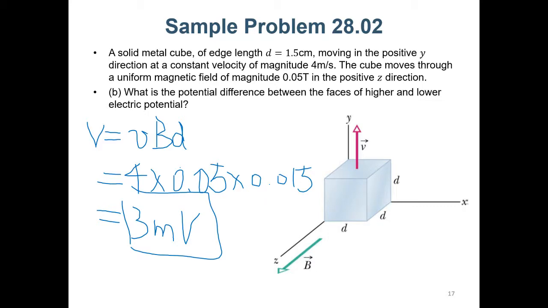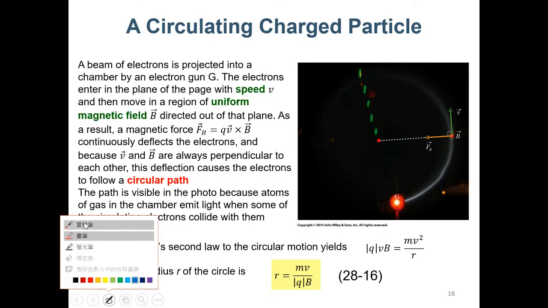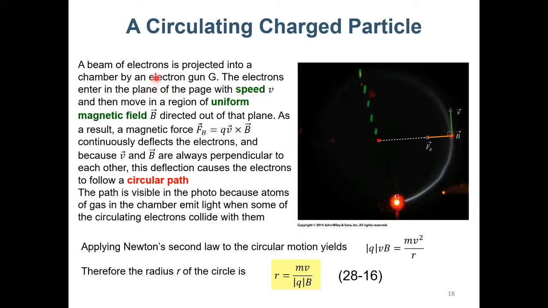So a beam of electrons is projected into a chamber by electron gun G, at speed v.